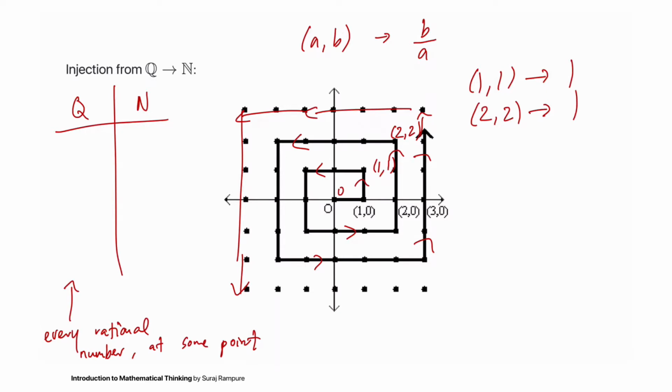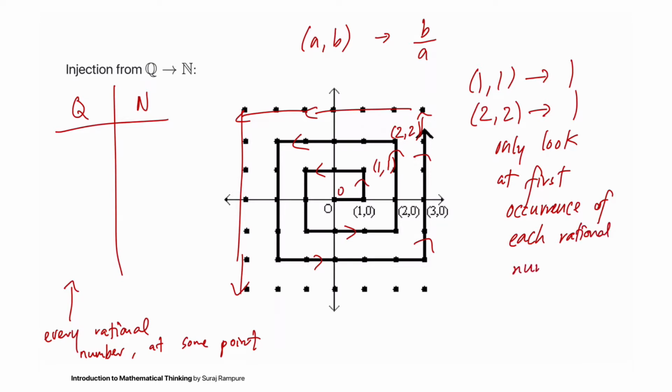And how do we account for this? Well, we only look at the first occurrence of each rational number. Okay, so that means when we get to the point 1 comma 1, we write down 1, but then when we get to 2 comma 2, we don't write down 1 again.